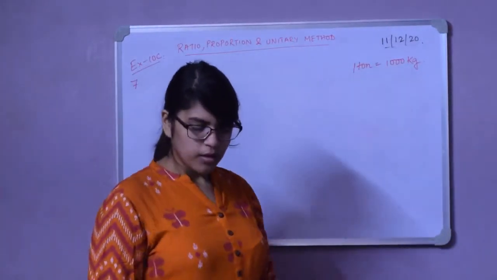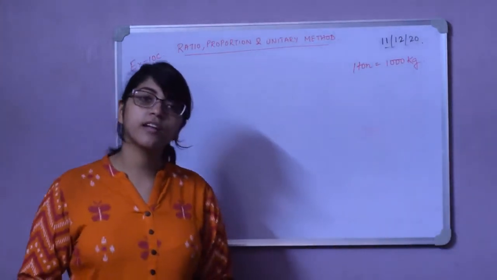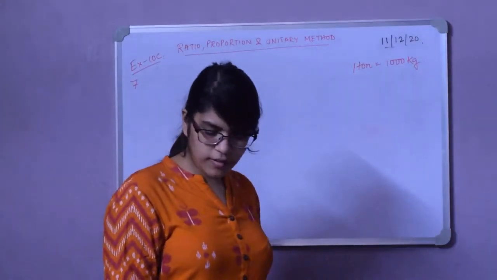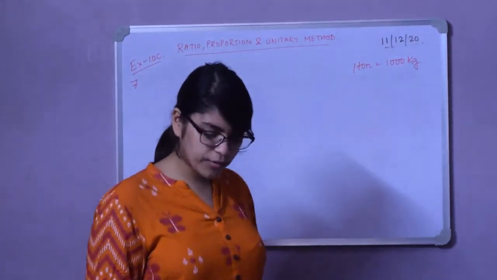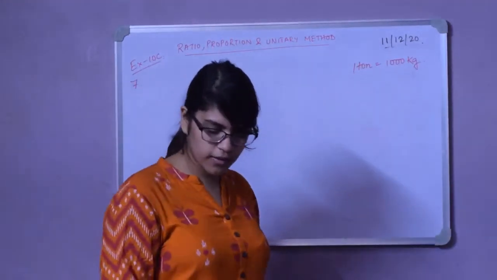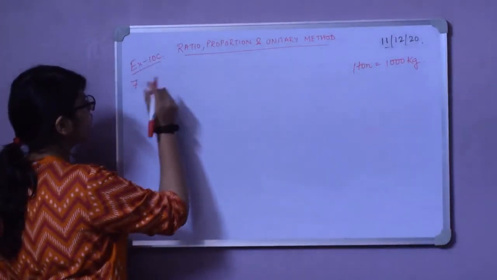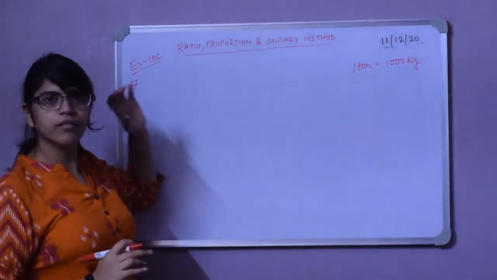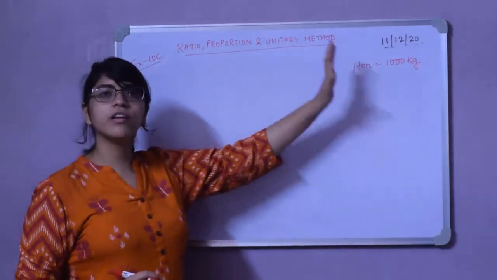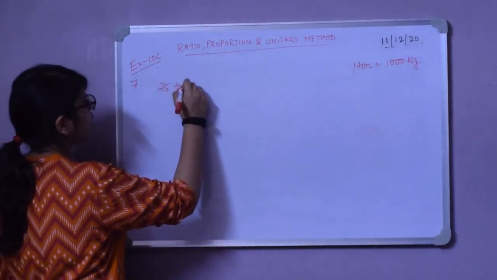If weight is given 2 times, then we have to make the weight 1. The cost is given only once. Whatever we have to find out will be on the right side, and whatever we know will be on the left side.